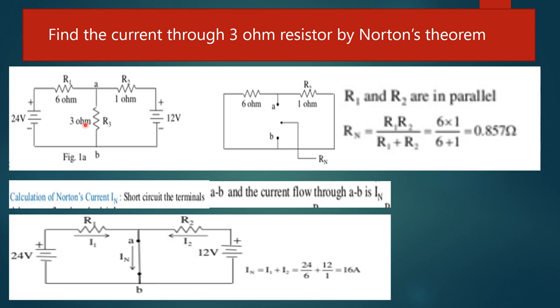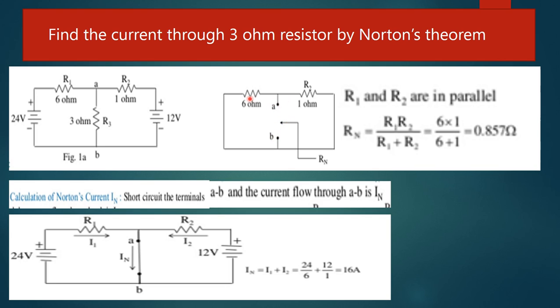To find this, we first draw its equivalent circuit, and for the equivalent circuit we have to find the short circuit current IN and its equivalent resistance at points A and B. Hence, to find the equivalent resistance, we consider this network, where the two energy sources are replaced by their internal resistance or short circuited, and A and B are open, that is the 3 ohm resistance is open.